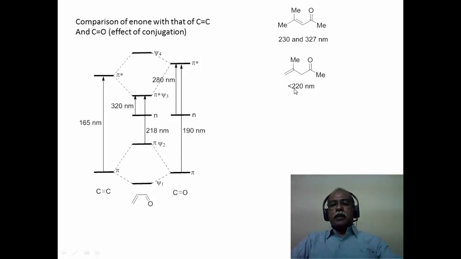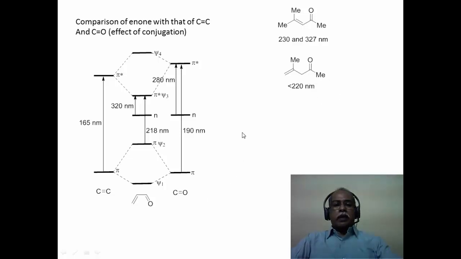There are no absorption bands above 220 nanometers in this particular molecule. Whereas in this molecule, the pi to pi star transition occurs at 230 nanometer. In other words, about 10 nanometers at a higher wavelength is where it absorbs. 377 of course corresponds to the n to pi star transition, which is also observed here, but at a lower wavelength because the conjugation effect is missing here.